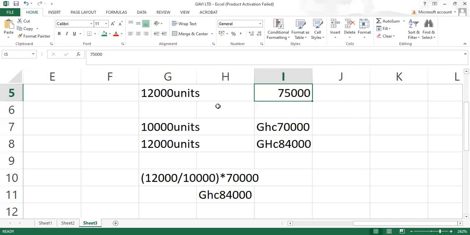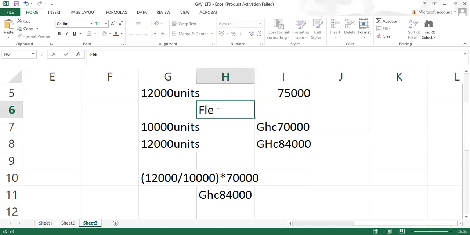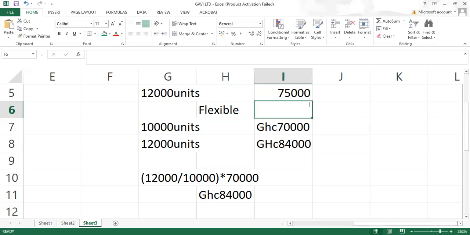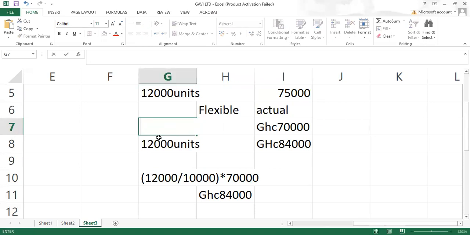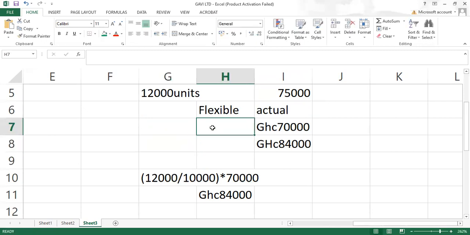So for flexible budget, what we do is that we have the flexible budget, and we compare with the actual. The actual cost incurred, the actual units are 12,000. We should have incurred 84,000, but we ended up spending 75,000.